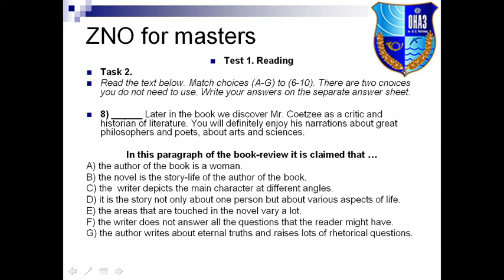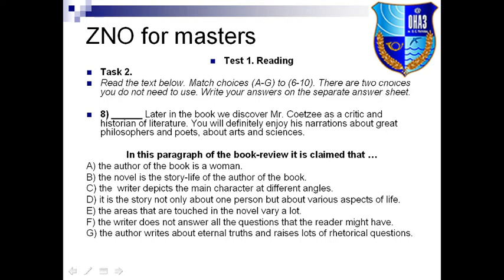A is wrong because the author of the book is a woman. No, we see Mr. Coetzee in the first paragraph in question 6. We just read the name of the author. Here we have Mr. and this title means that this person is a man.